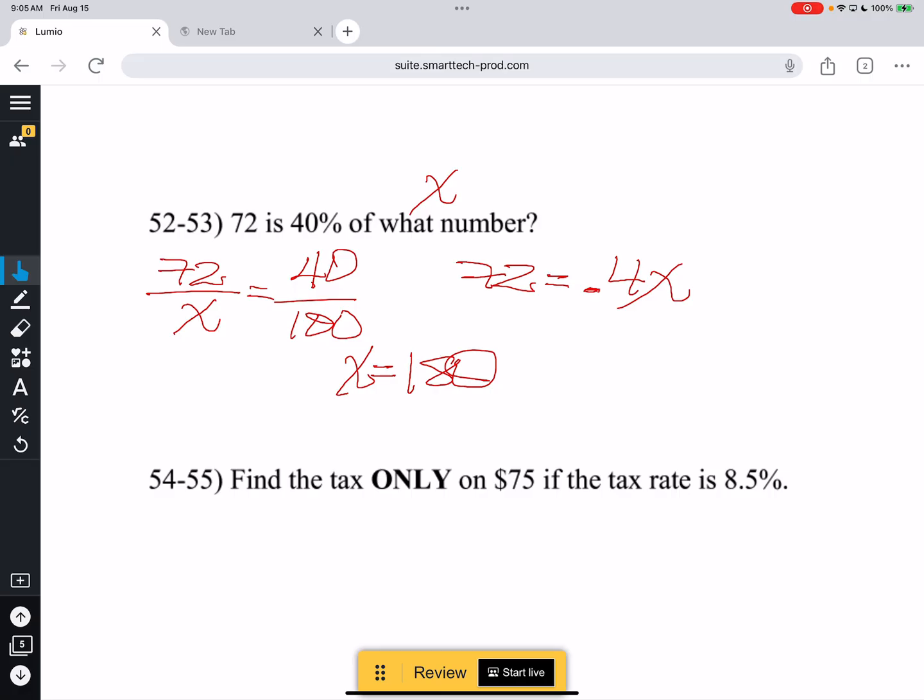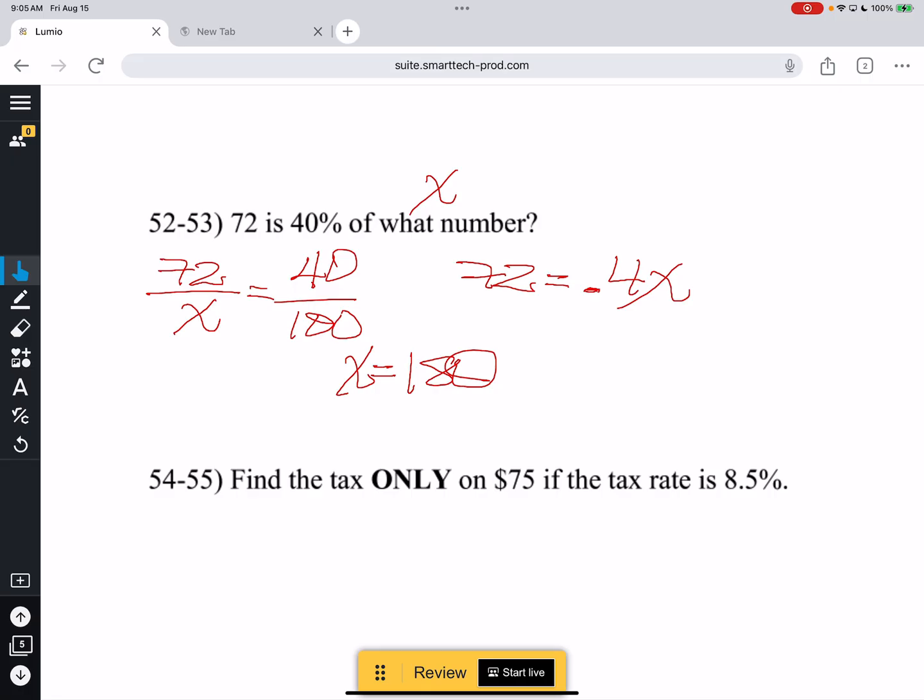So find the tax only. I'm not wanting to know the whole amount. I'm only wanting to know what tax they had to pay. If you purchased something for $75 and the tax rate is 8.5%, I'm not wanting to include the $75 in my answer.